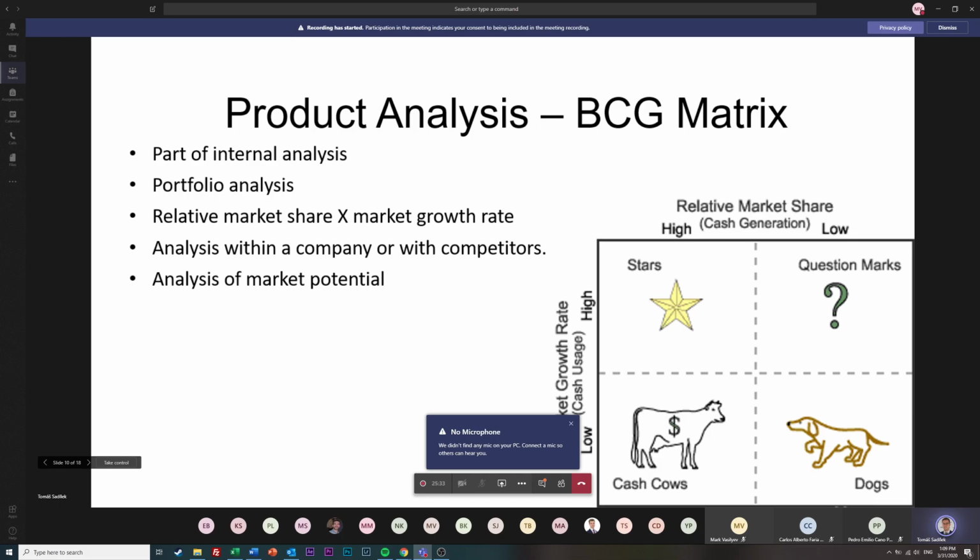The cash cows could also be moved to the stars, but the products assigned as dogs should typically be excluded from the company portfolio. If the demand for this product is decreasing and the relative market share is low, it's much better to replace it by another product and to exclude the dogs from the production. So that's the introduction and the description of this matrix.